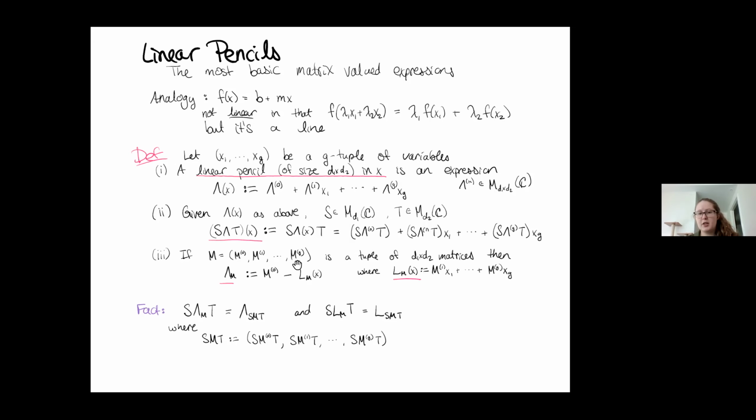If you give me a tuple of matrices, I can then build a pencil. And for convention reasons that make some of our computations easier, we do the constant term minus our other terms. This just helps when you do some of the computations. So you can also then show that given your m here, you can find your pencil and it works out well with that multiplication.